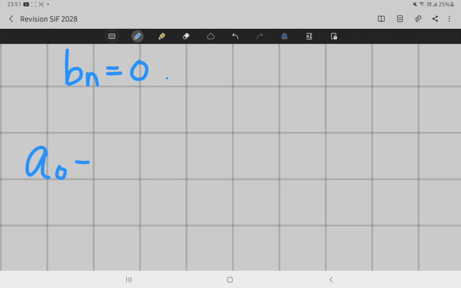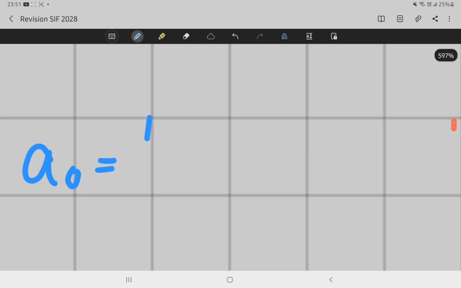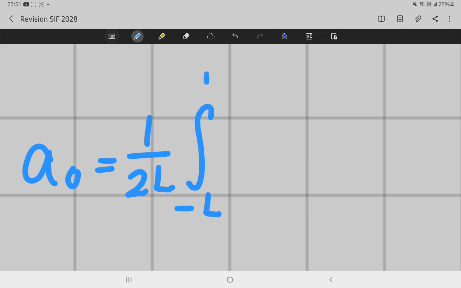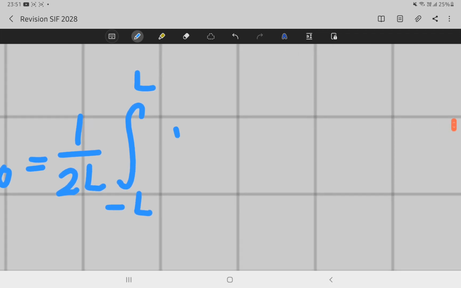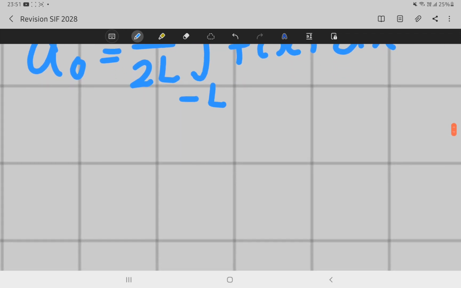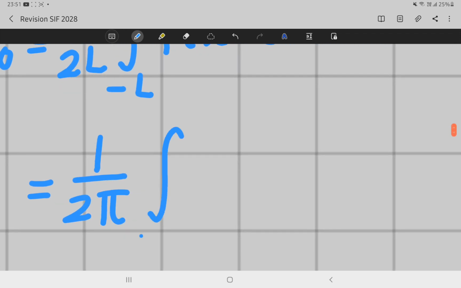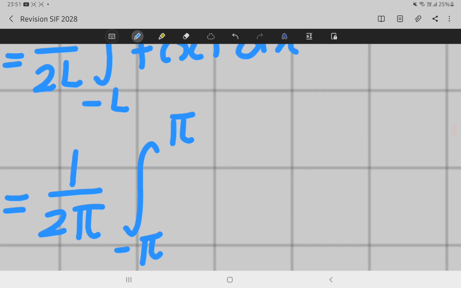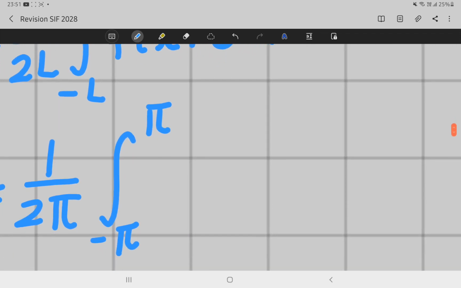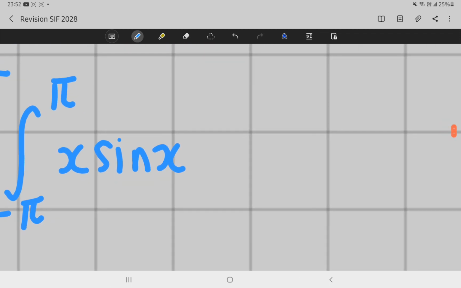So a naught, what is a naught? It is simply 1 over 2L, integration minus L to L of f of x dx. We know L is pi, so 1 over 2 pi, integration minus pi to pi, f of x is x sine of x dx, right?